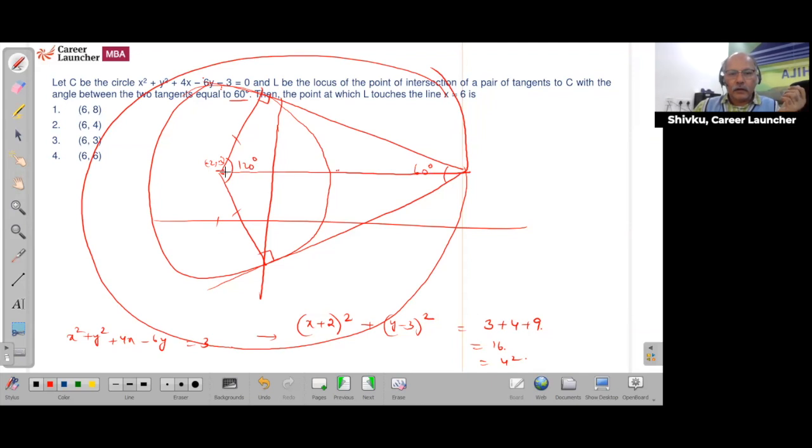So when you take this length is 4, this angle is 30 degrees. This is 4 and this is 30 degrees. This length is going to be equal to 8. So the point where it is going to touch your x is equal to 6 line would be, right? It is in fact going to touch it. It will touch it at only one point, and that point would be 6, 3. Hence the answer to this question is well.